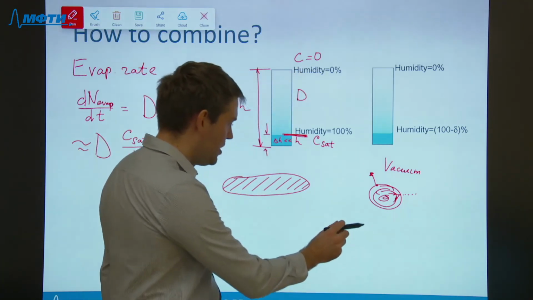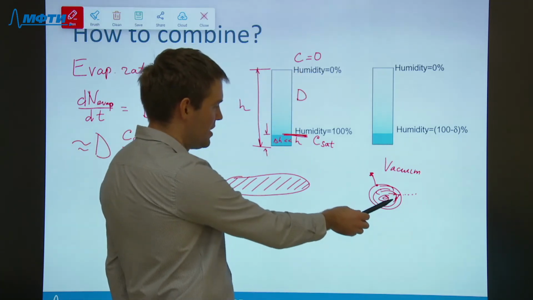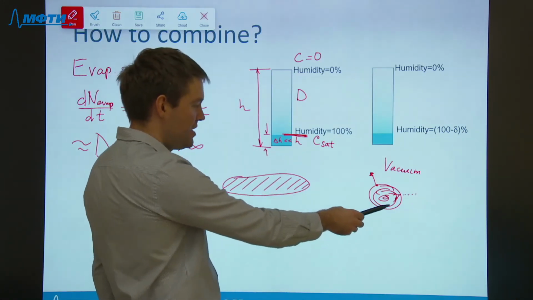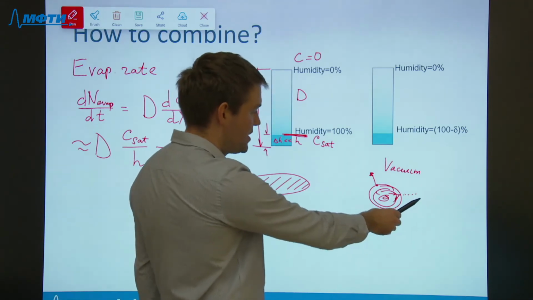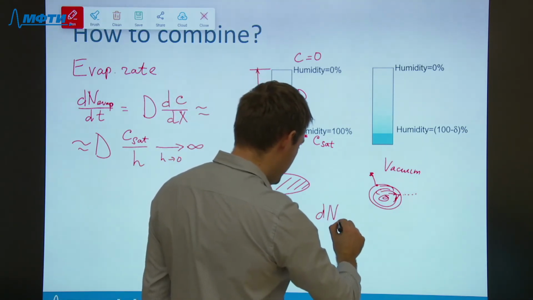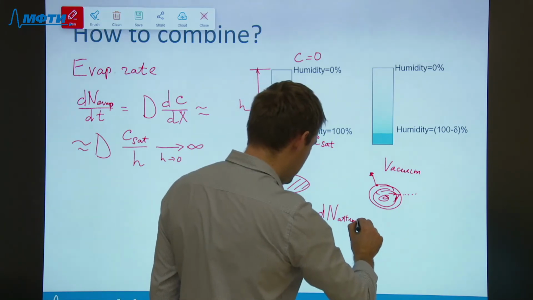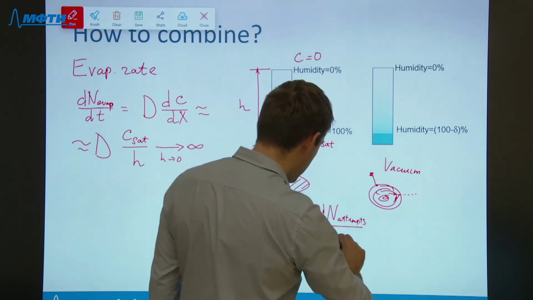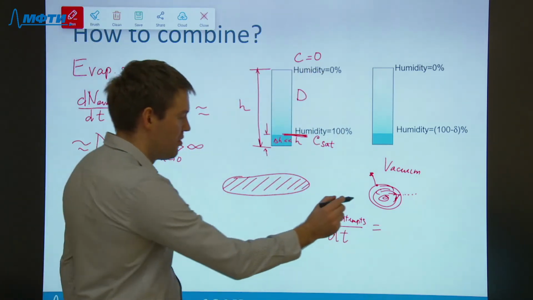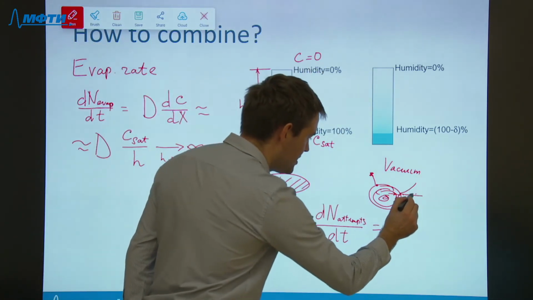In detailed equilibrium, the number of molecules that are trying to escape the droplet is equal to the number of molecules that try to get inside. But this number of attempts per unit time is nothing but the number of returns in detailed equilibrium.